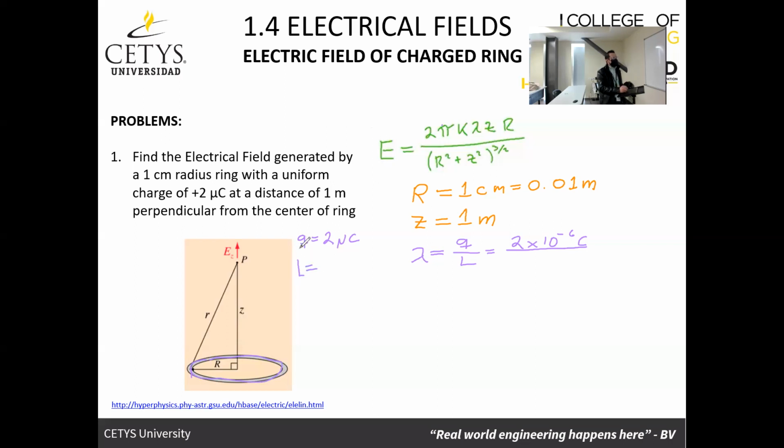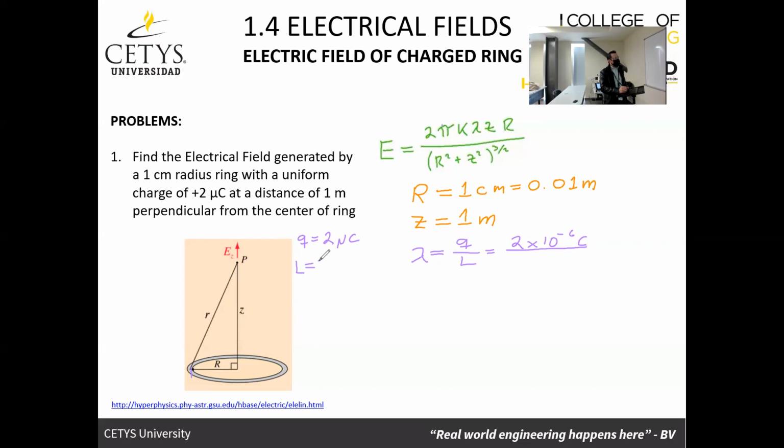And how do we calculate the perimeter of a circle? The diameter times pi, and the diameter is 2 times r.